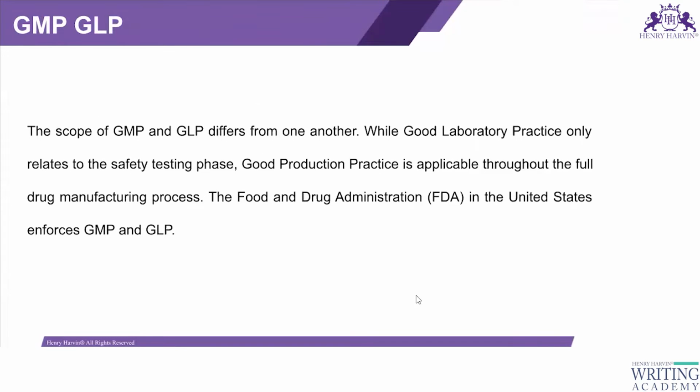The scope of GMP and GLP differs from one another. While good laboratory practice only relates to the safety testing phase, good manufacturing practice is applicable throughout the full drug manufacturing process. The Food and Drug Administration, FDA, in the United States enforces GMP and GLP.